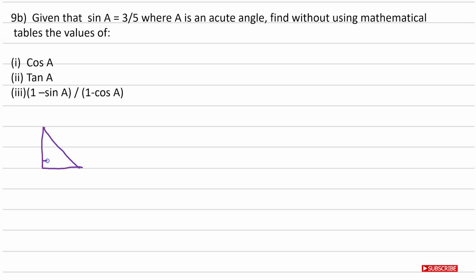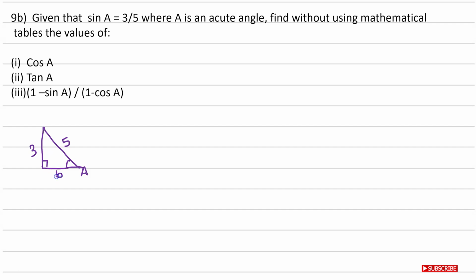Sine is opposite over the hypotenuse, so let's say this is our A over here. So sine A is equal to opposite, which is 3, and the hypotenuse is 5.